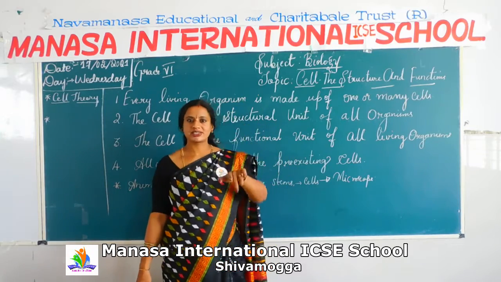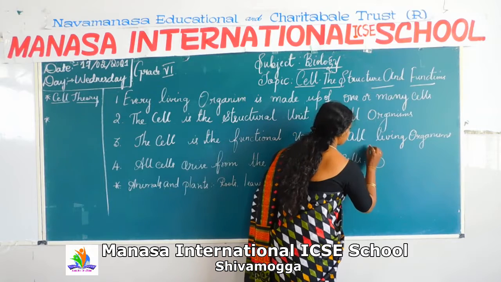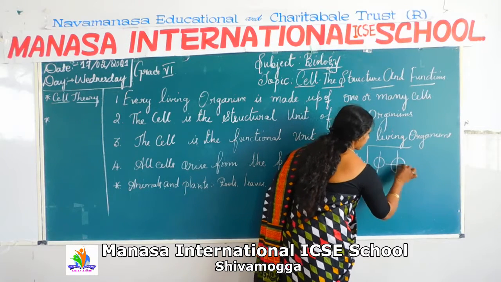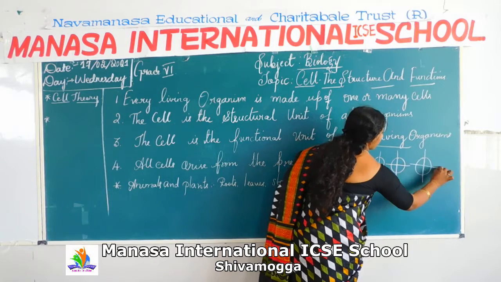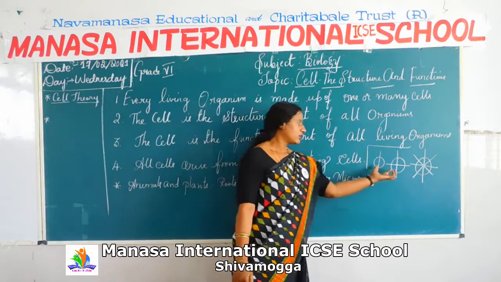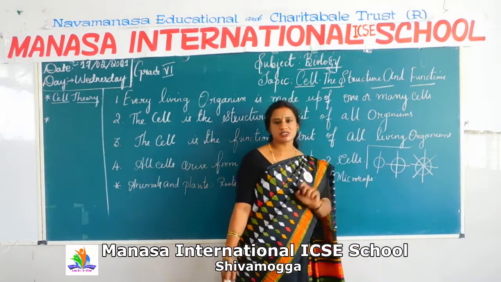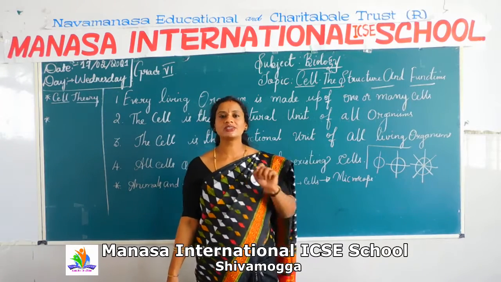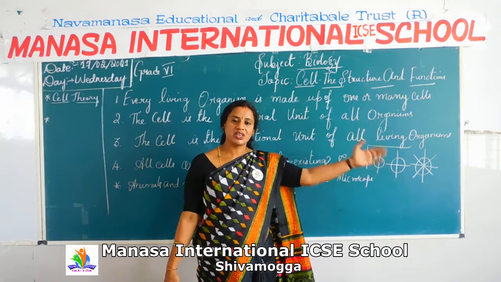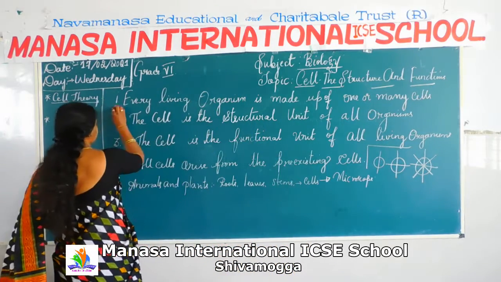Then later the cell starts dividing. For example, this is a cell, again it divides, again the second division. Similarly, many divisions continue, where cells form tissues, then organs, then organ systems. This is how the division of cells takes place in both plants and animals. That is the first point.